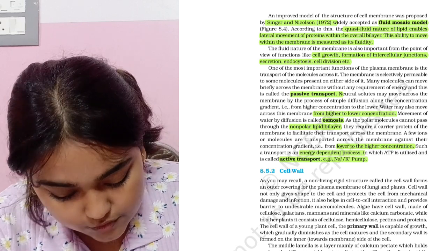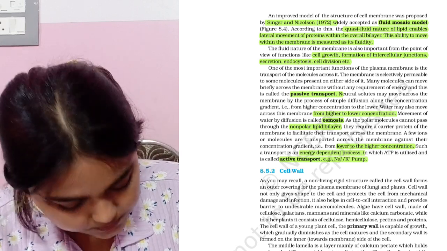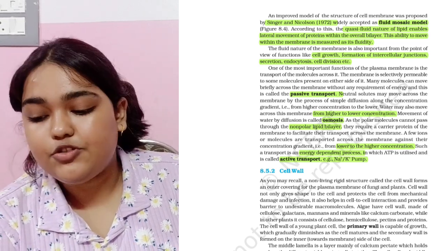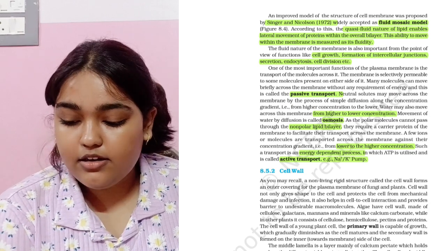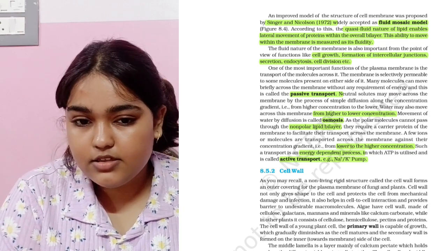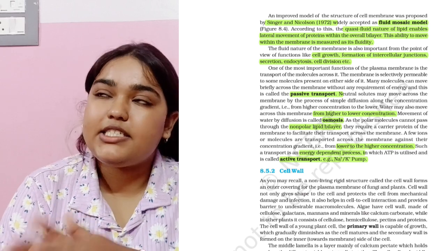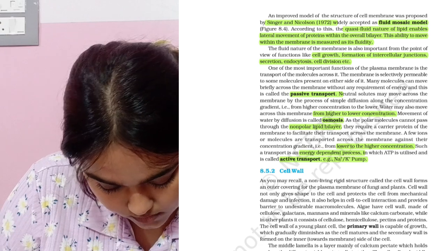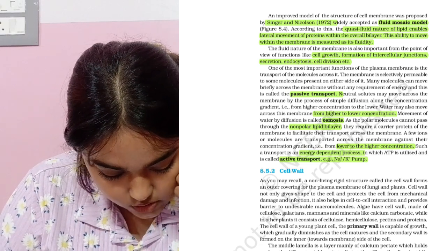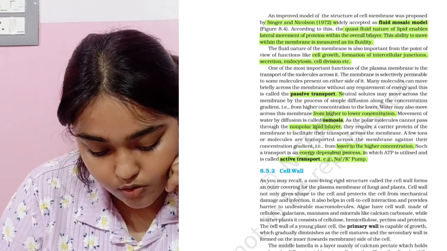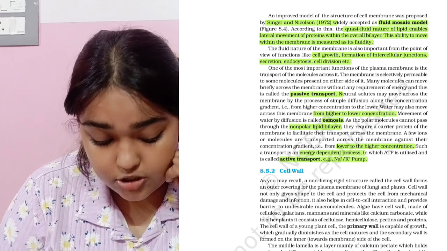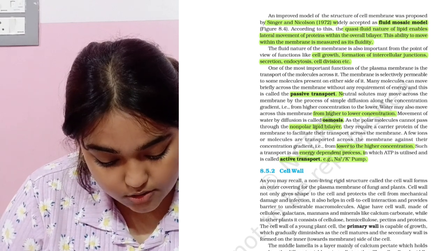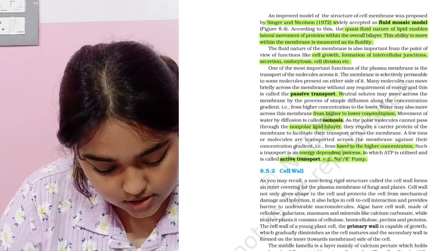This ability to move within the membrane is measured as its fluidity, which is due to the fluid nature of lipids. The fluid nature of the membrane is also important for functions like cell growth, formation of intercellular junctions, secretion, endocytosis, and cell division.